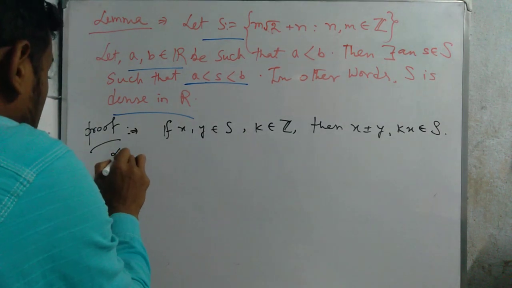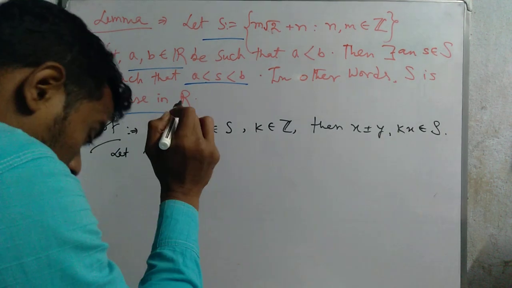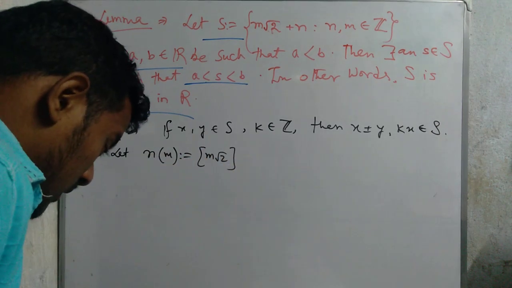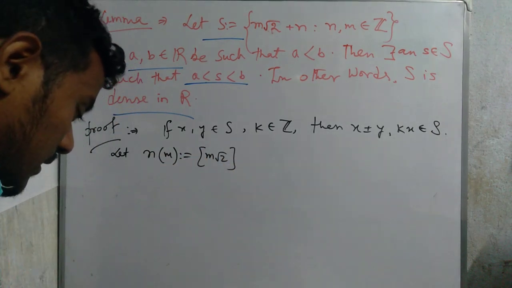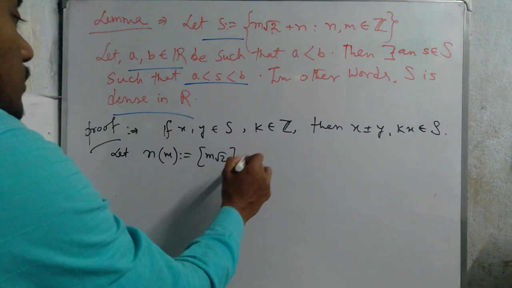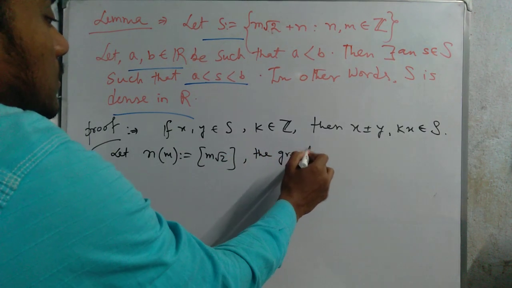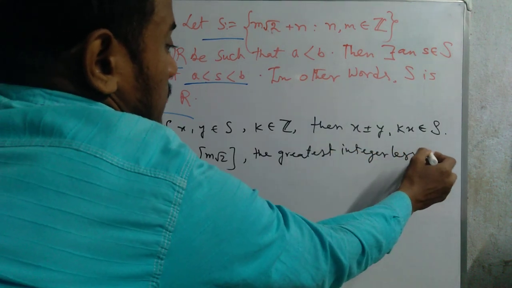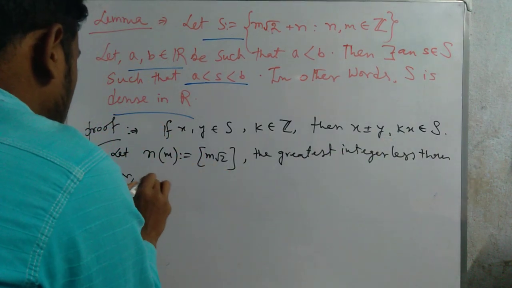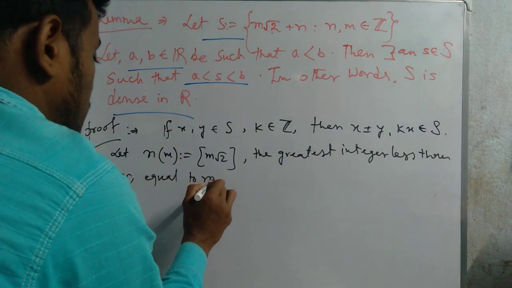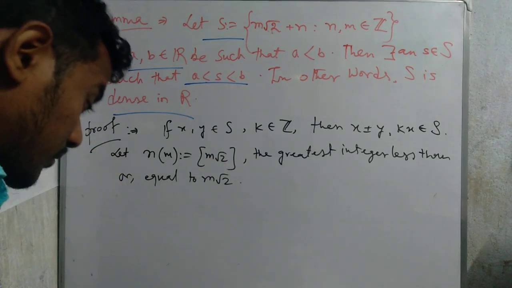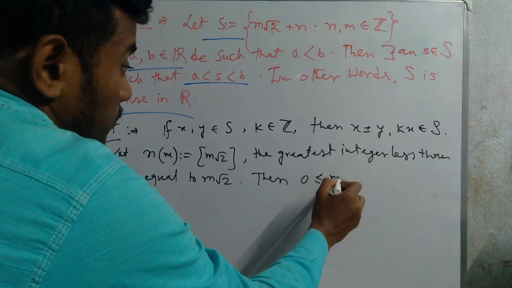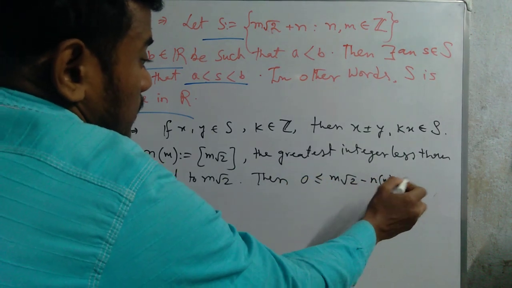And let nm equal to the greatest integer less than or equal to m root 2. Then 0 is less than or equal to m root 2 minus nm, which is less than 1.